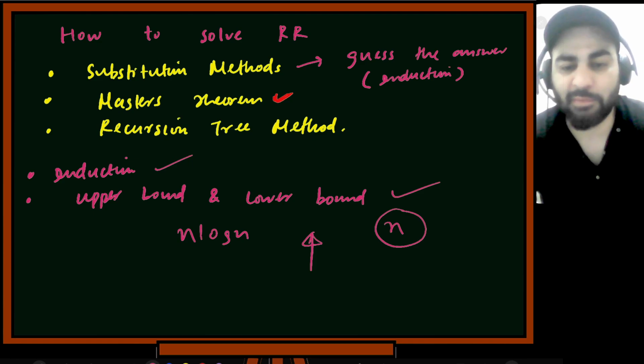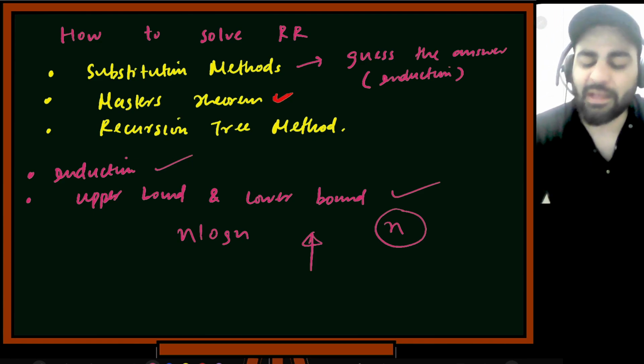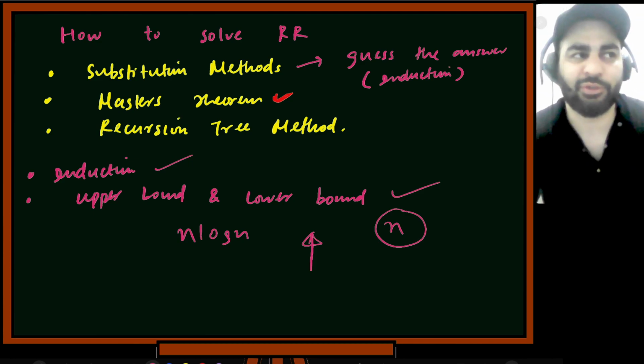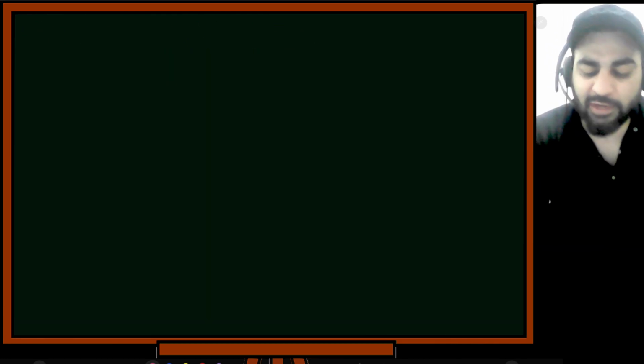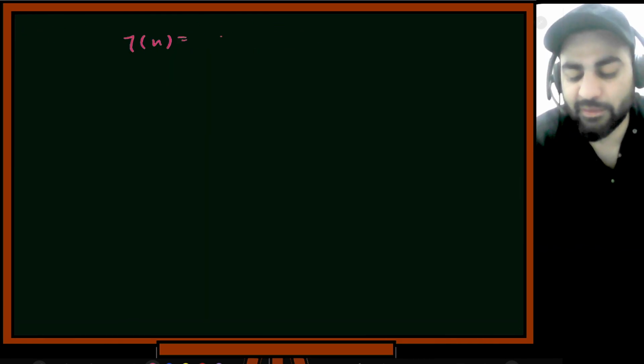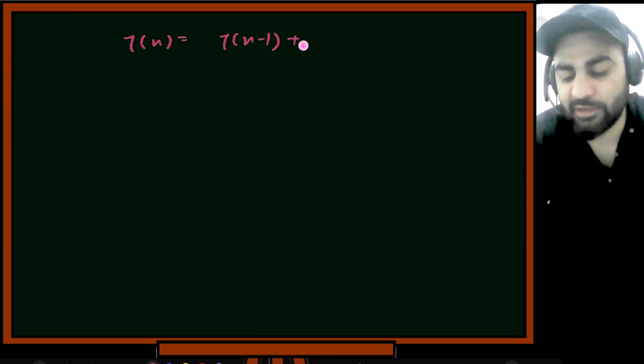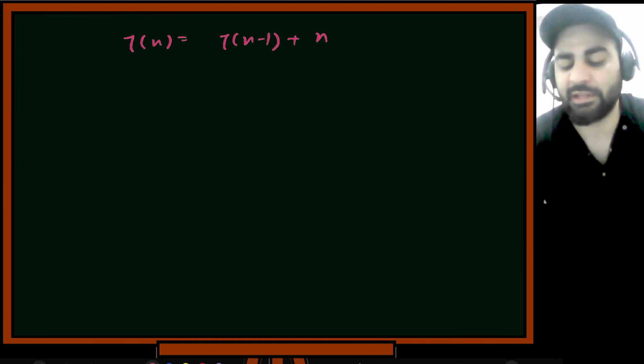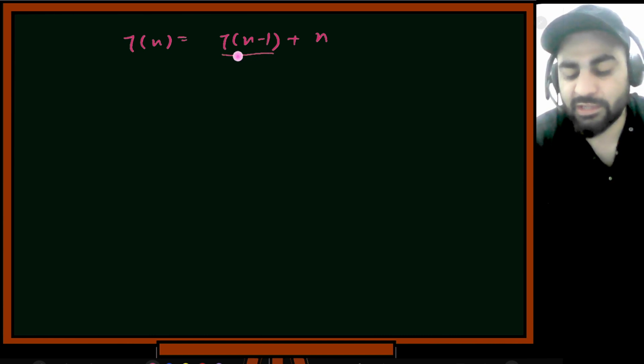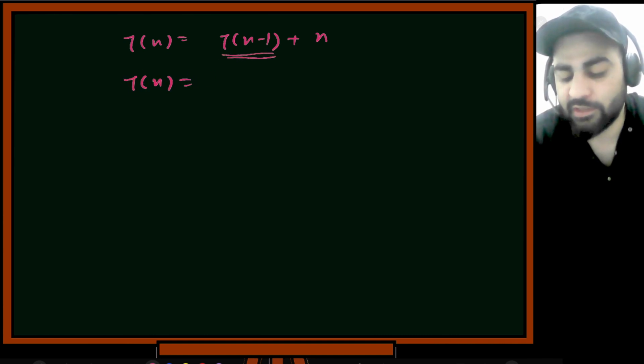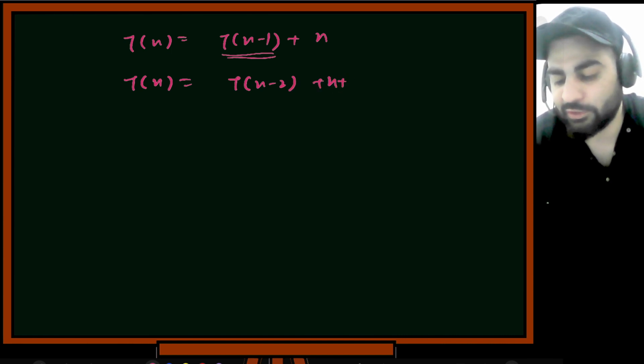So one method is substitution, and there are other methods to solve recurrences, that's called back substitution. In which, if you have to solve a recurrence like this, T(n) is equal to T(n minus 1) plus, let's suppose, n, something like this. So what you will do is you will substitute, you write T(n) is equal to T(n minus 2) plus n. So this n will remain as it is.